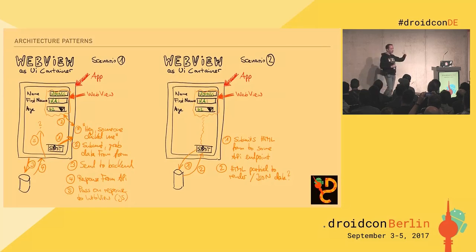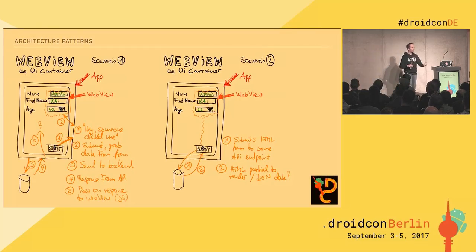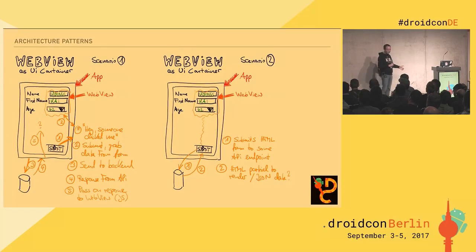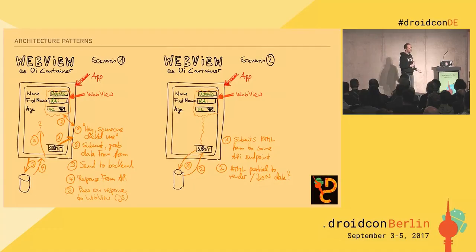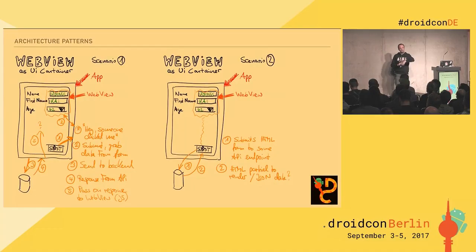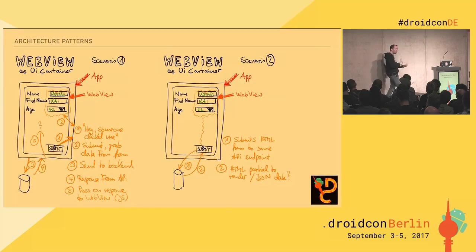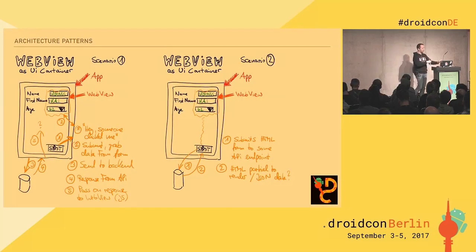Then the application would say, all right, I need to send some data or get some data or do whatever I need to do. Go back into steps 3 or 4 to the server, get some, let's say, JSON API data back, tell the web view, hey, I've got new data, and instruct the web view to render that. So your web view is like a view, but the application still controls the whole process.